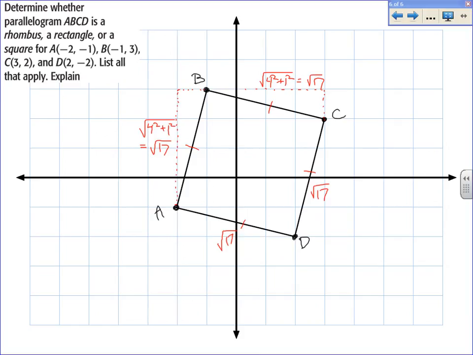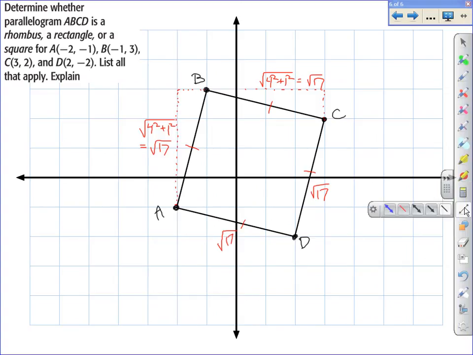Now I have to check to see if I have 90-degree angles. To check that, I'm going to look at the diagonals. So I'm going to check the distance from B to D and the distance from C to A. From A to C, I'll switch to a green pen.